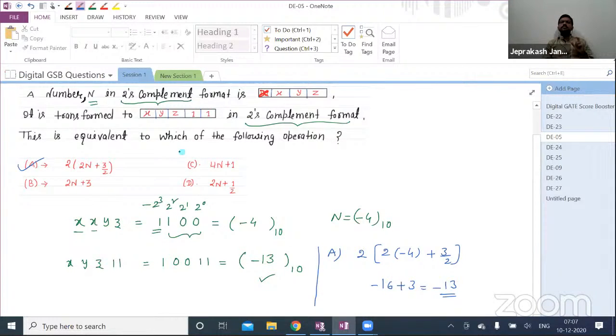So you have to be very careful whenever you are supposed to write the corresponding decimal numbers, right? See, everything they will represent in terms of ones and zeros only. Based on the context, the equivalent value will change. Suppose the same 1100 is there in the sign magnitude case. What is the equivalent value? If 1100 is in sign magnitude form, what is the decimal equivalent?